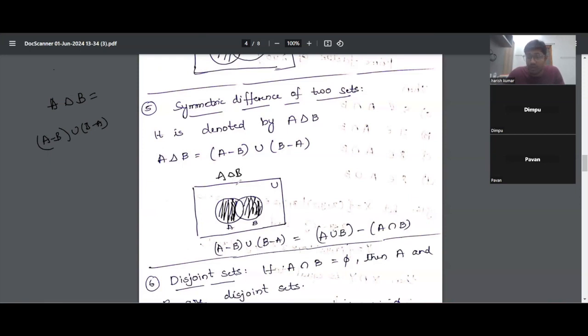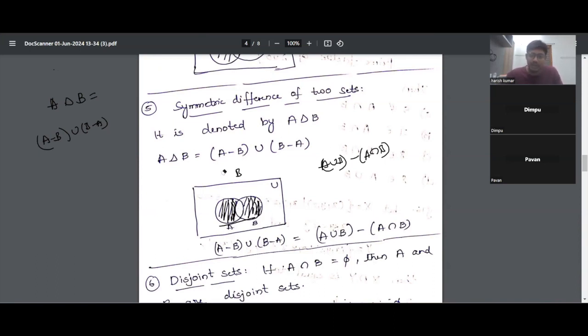What can I write in the other way? I can write this as the entire A union B minus A intersection B. From the entire A union B, I just have to remove the common part, and I'll get this part.